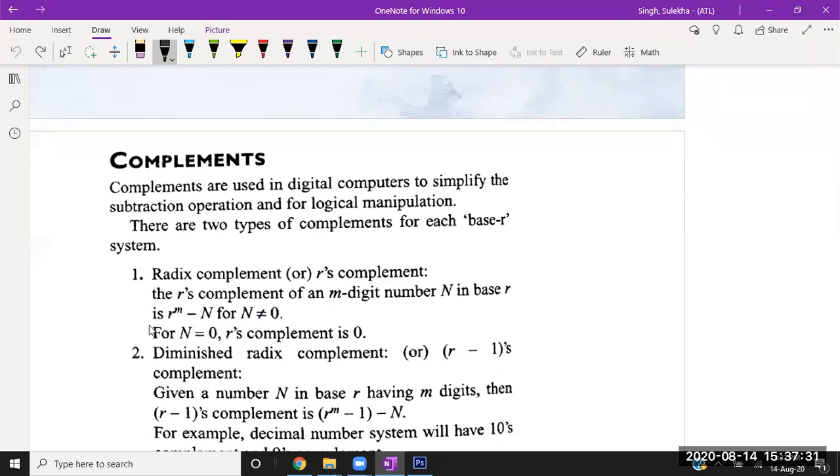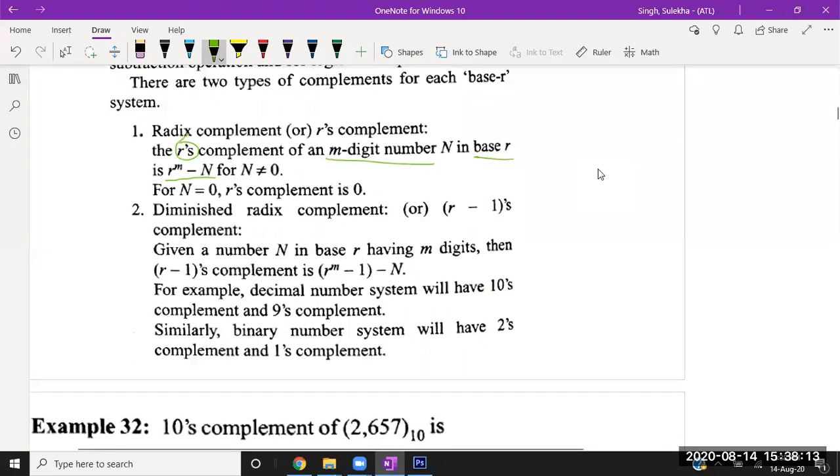This is the theoretical part. Whenever you are calculating R's complement, your formula will be R to power m minus n, where m is the number of digits, your base is R, and your number is n.